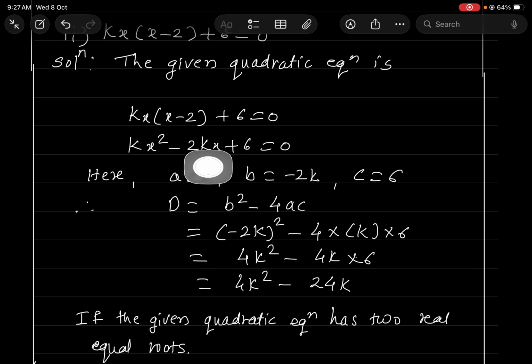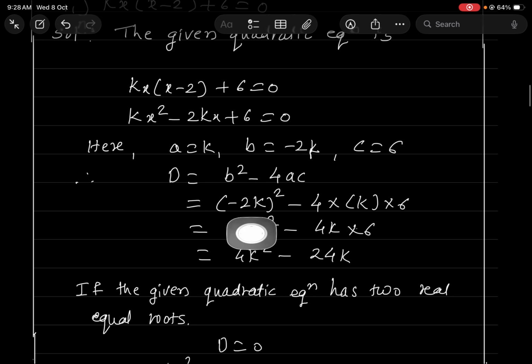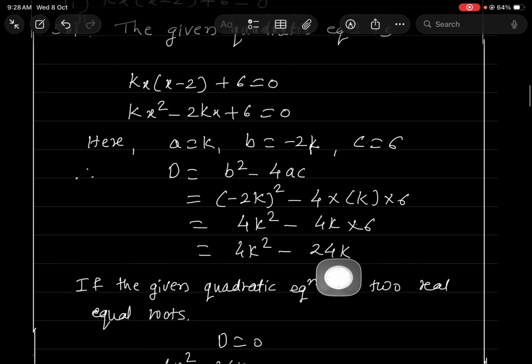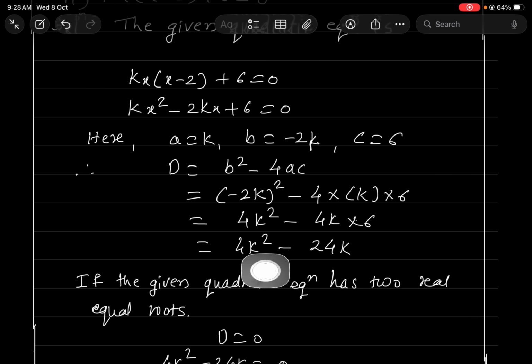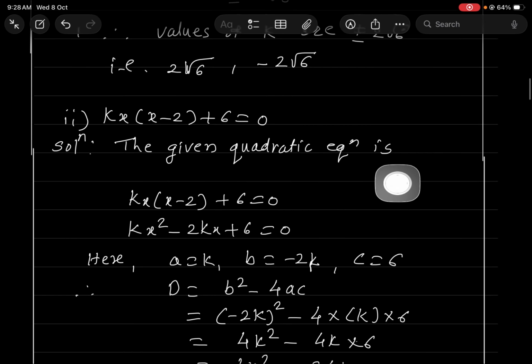Now b square minus 4ac: b square is minus 2k square, minus 4 into k into 6. So 4k square minus 24k.